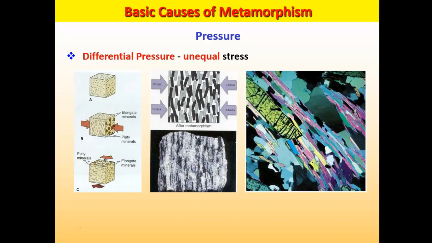And when you see this texture, it's an indication of metamorphism, and typically it's an indication of regional metamorphism, where there's been a collision between two plates. This is the place where we get this high differential pressure. And so we want to be able to identify the texture, which we're going to call foliation, and that's going to help us figure out, in general, the big picture stuff, right?